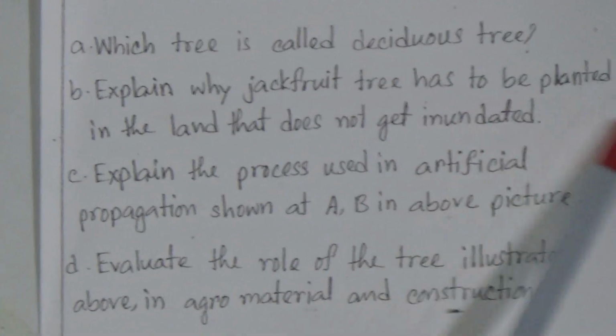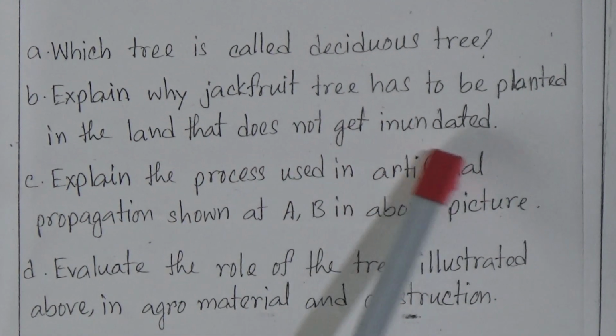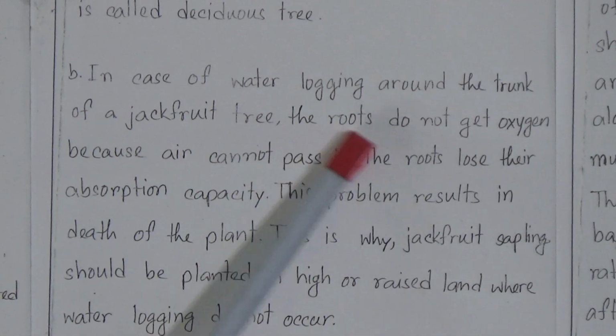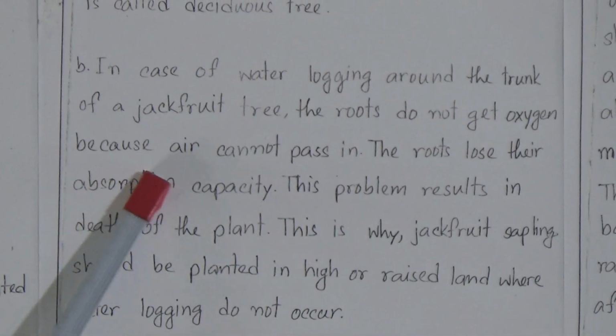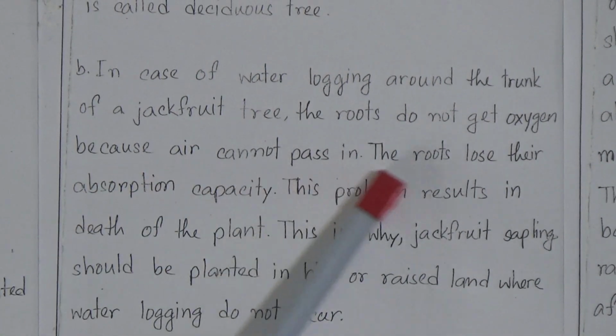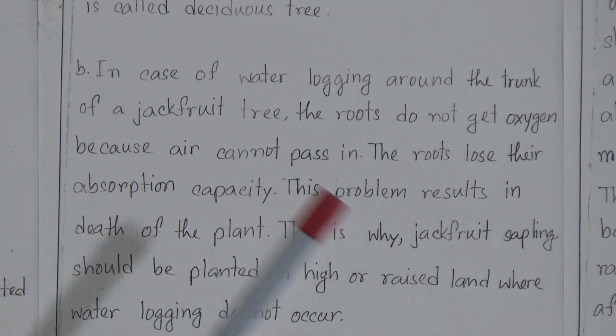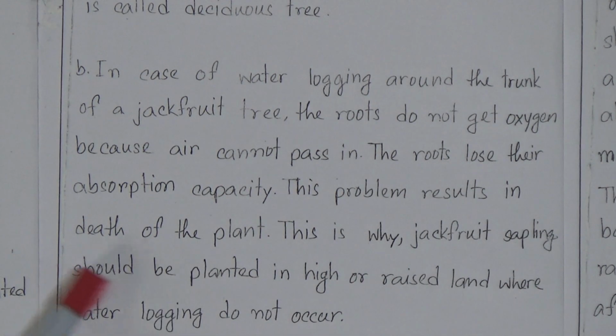Number B, explain why jackfruit tree has to be planted in the land that does not get inundated. And the answer is, in case of waterlogging around the trunk of a jackfruit tree, the roots do not get oxygen because air cannot pass in. The roots lose their absorption capacity. This problem results in death of the plant.